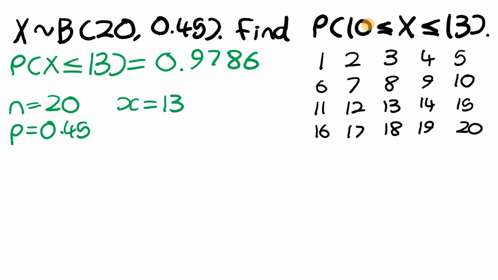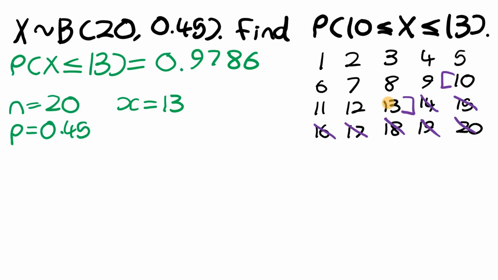So let's consider the grid like we did before. We're trying to find where x is bigger than or equal to 10, but less than or equal to 13. So this is going to be this range here. Now we have calculated the probability that x is less than or equal to 13, so we have knocked out these values here.